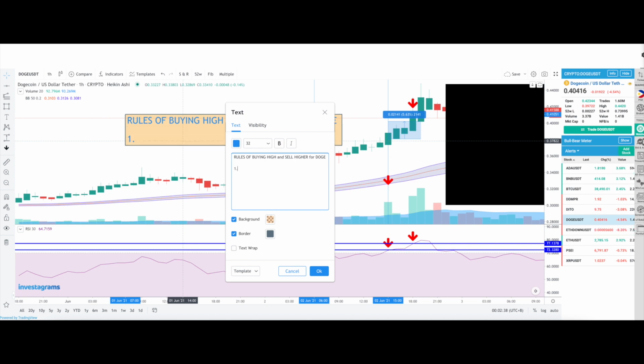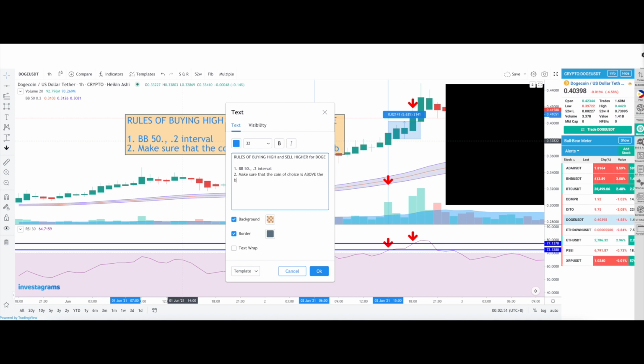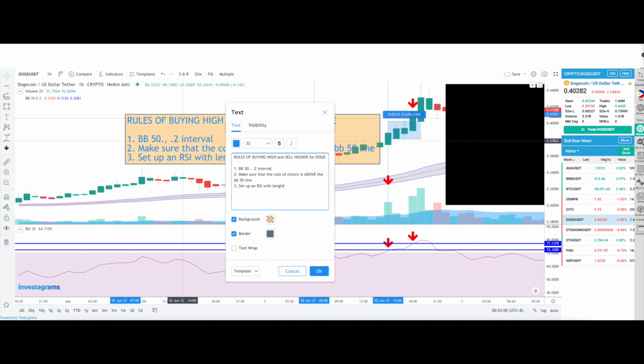Number one, you need to put a BB50 with 0.2 interval. Number two, make sure that the coin of choice is above the BB50 line. Number three, set up an RSI with a length of 30.